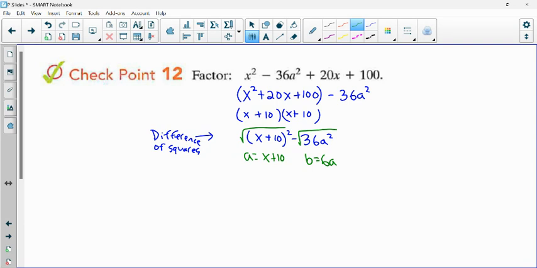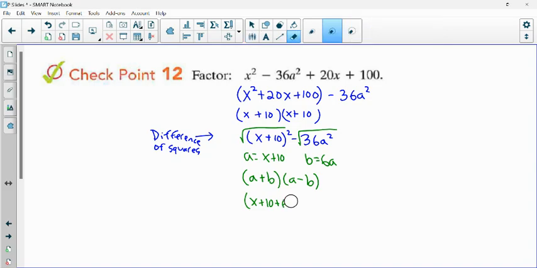And then remember, our difference of squares formula is a plus b times a minus b. So our a is x plus 10, and then we add to it the b, which is plus 6a. And then again, our a is x plus 10, and our b is minus 6a.